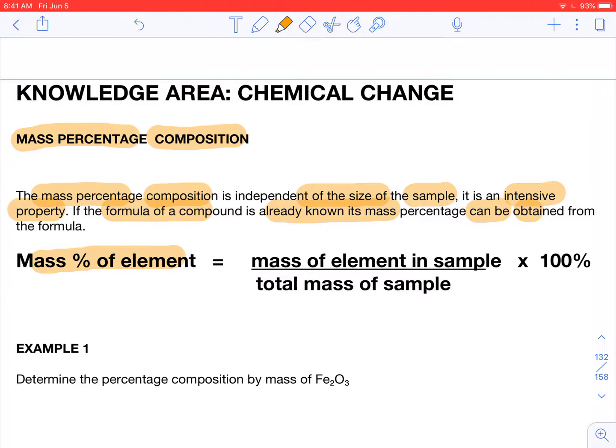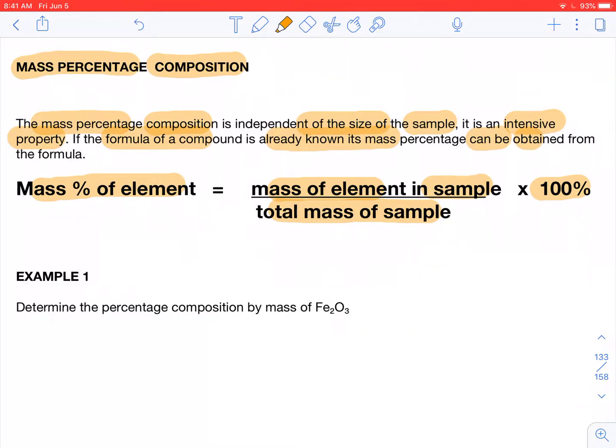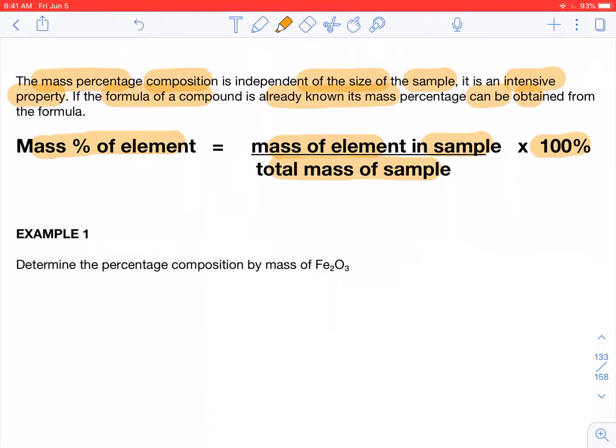That would be the mass of the element in the sample over the total mass of the sample, multiplied by 100%. Now, let's see the first one. We want to determine the percentage composition of Fe2O3.